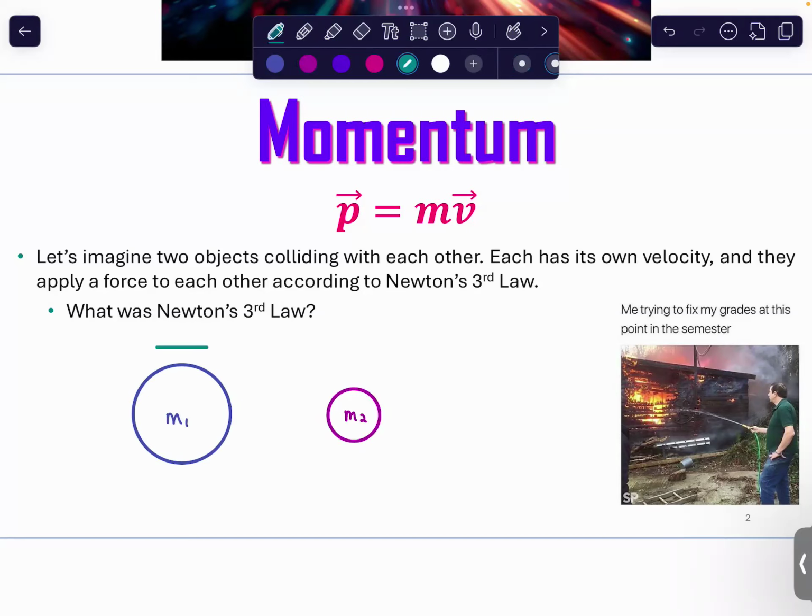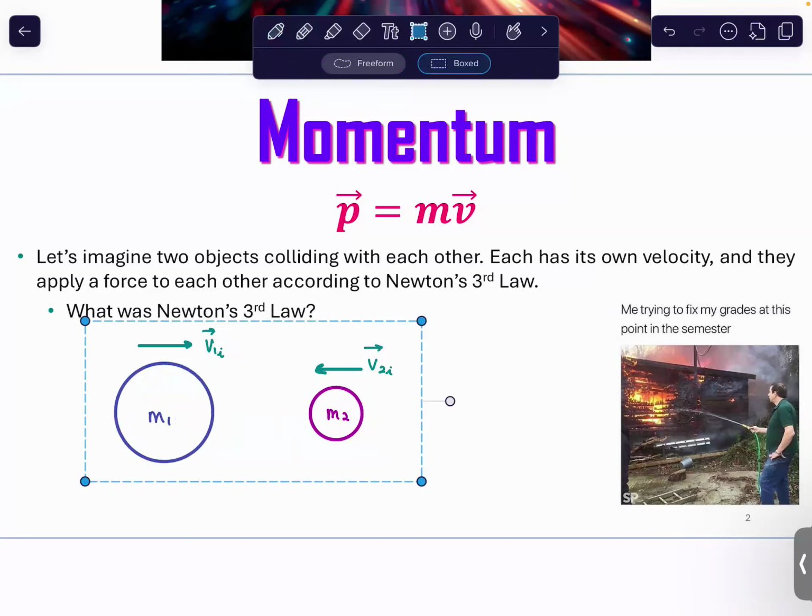They're going toward each other with initial velocity. So then they're going to hit each other.